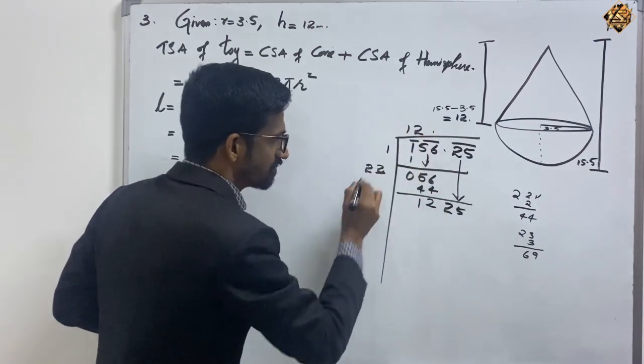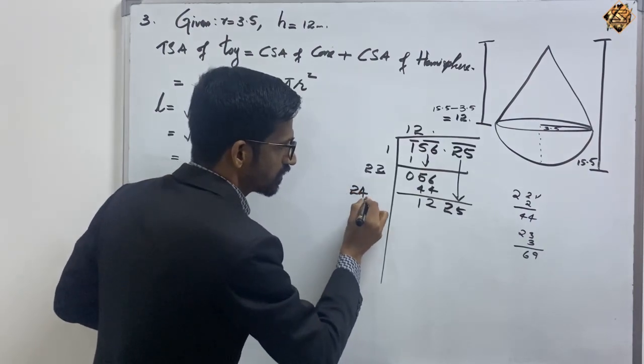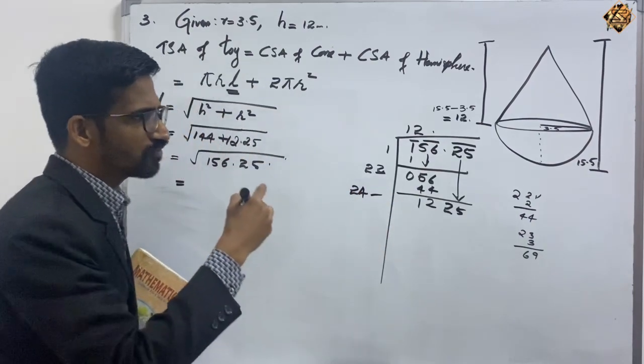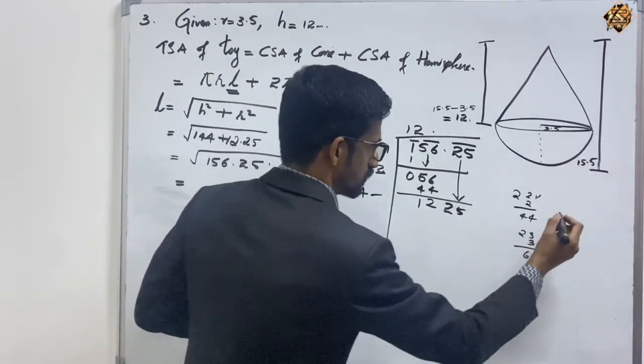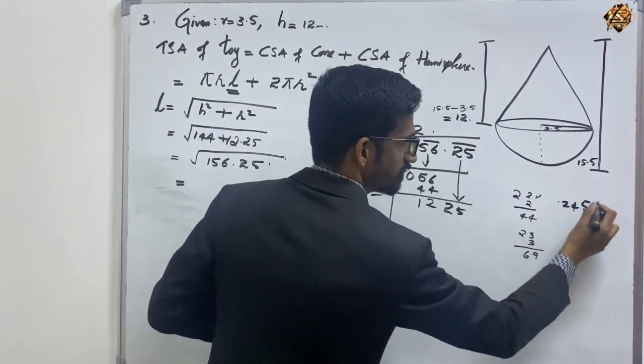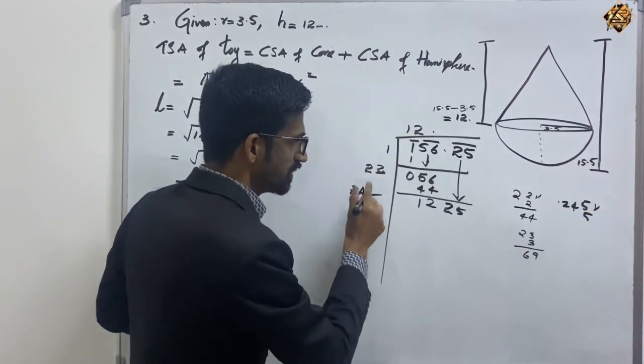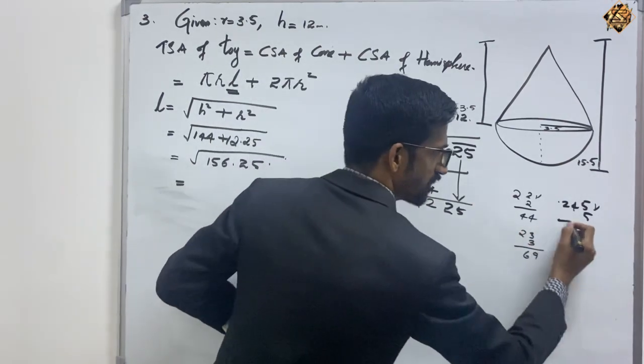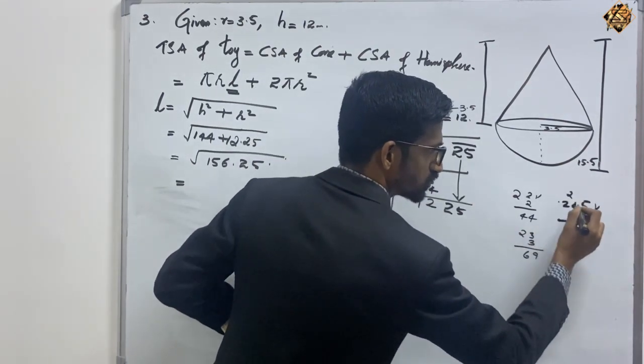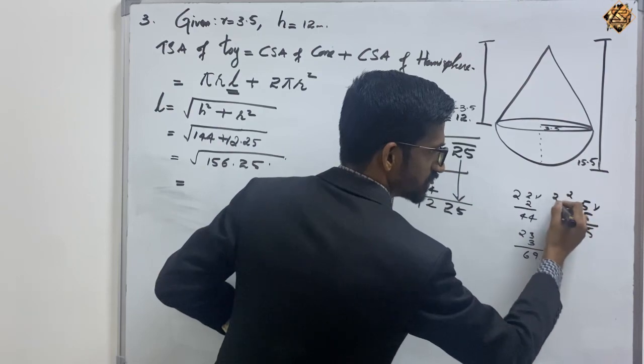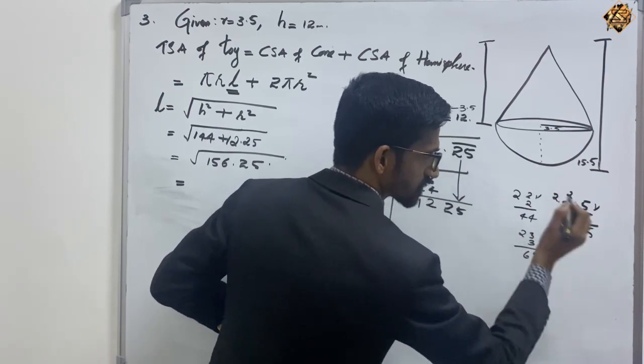Now double of 12, that is 24. Now we need to find 24 into what. So 245 into 5 we will check. 5 into 5, 25. 5 into 4, 20 plus 2, 22. 5 into 2, 10, 12.